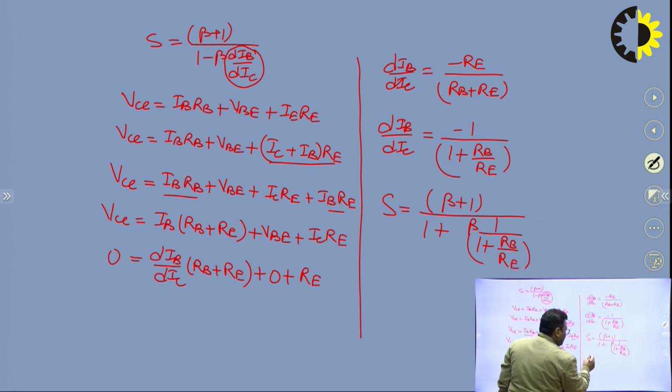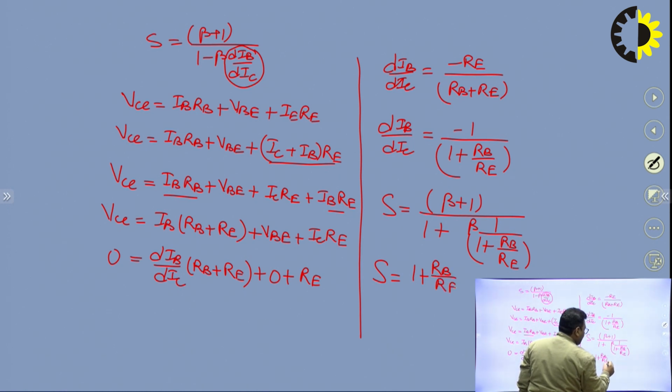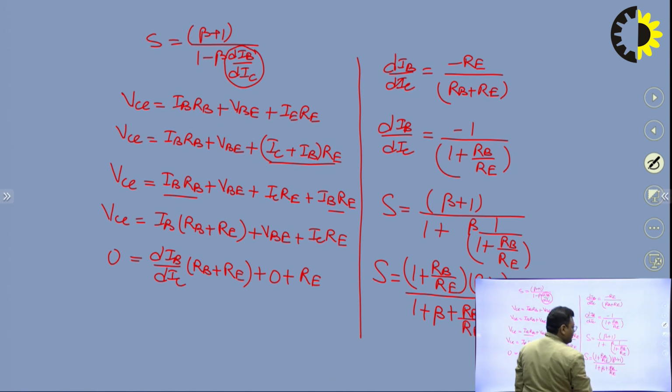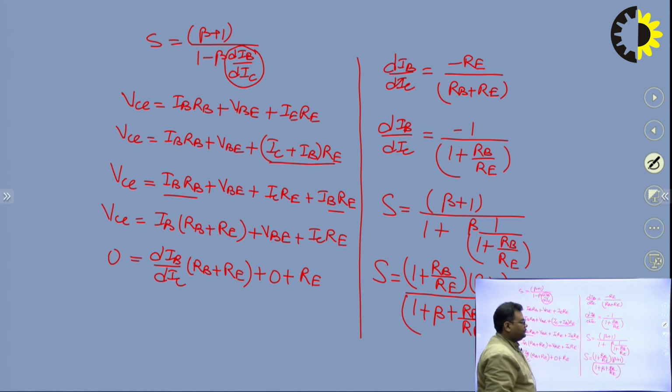Or we can say S will be equal to (1 plus RB upon RE) into (beta plus 1) divided by (1 plus beta plus RB upon RE), right? So this will be the final value of the stability factor.